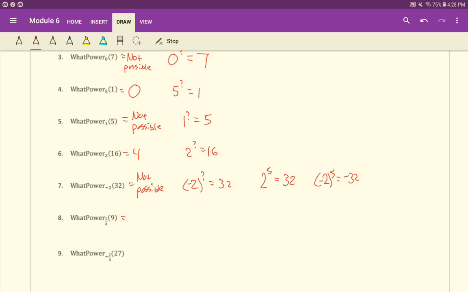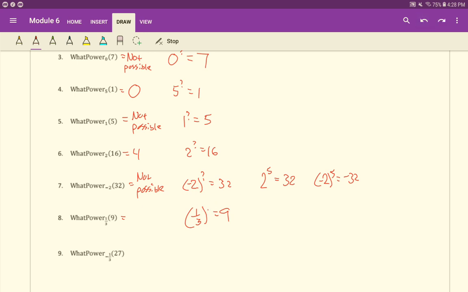So it's not possible. Okay. Next one here, 1/3 to what power gives us 9? Now when these problems start to get more complicated, for example when you have fractions, you may want to actually go about trying to solve these. So we can take this problem, which maybe is not super clear about how to figure out the answer because of the fractions.